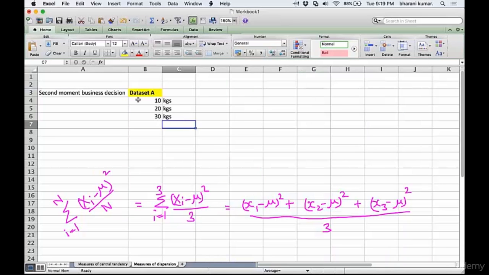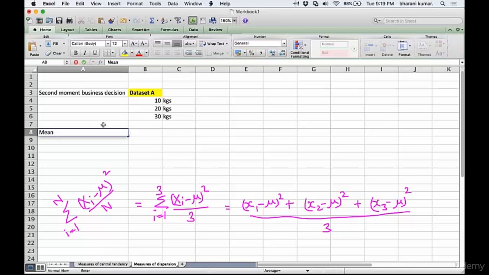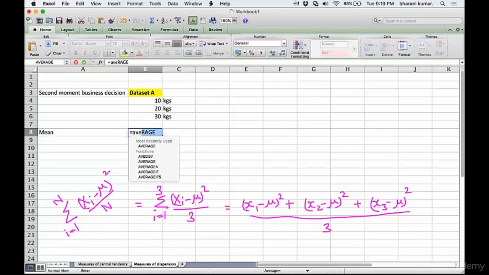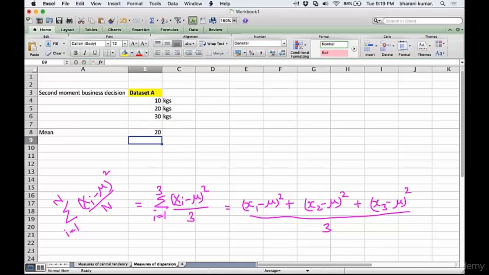Okay. So the weight of first person is 10 kgs, second person is 20 kgs, and the third person is 30 kgs here. In the formula here, we need to calculate mu. What is mu? Mu is nothing but mean of the population. All right. So if you calculate the mean here, which is average of all these three values, it happens to be 20 kgs. This is the first step.